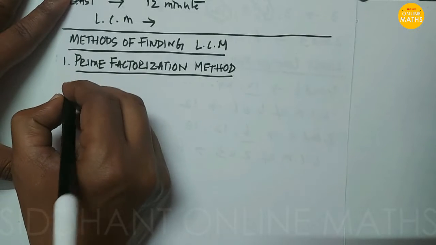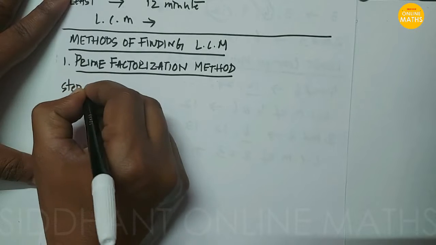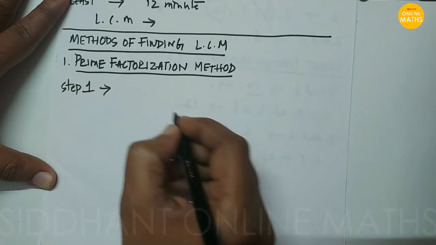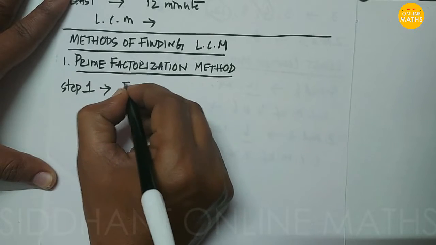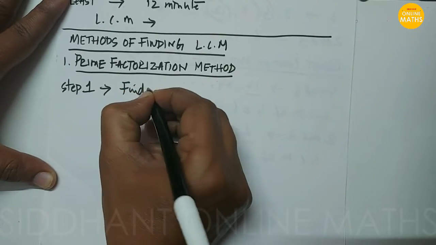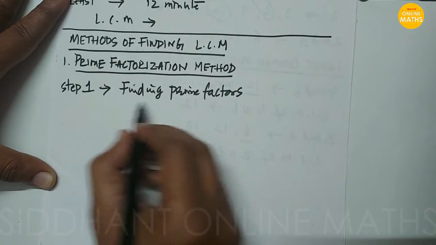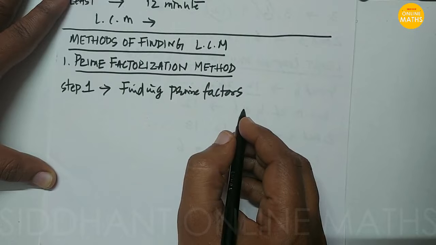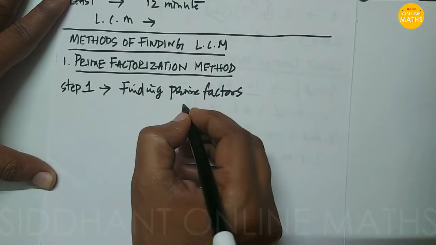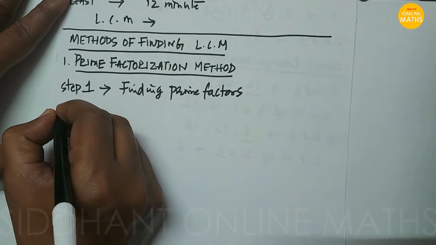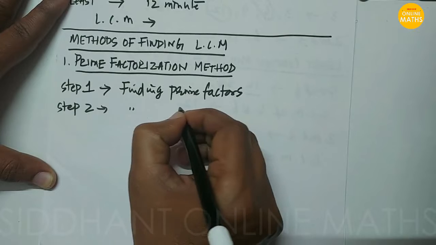So here are a few steps we are going to follow. Step 1: first we find the prime factors of the given numbers. Step 2: finding the common factors.